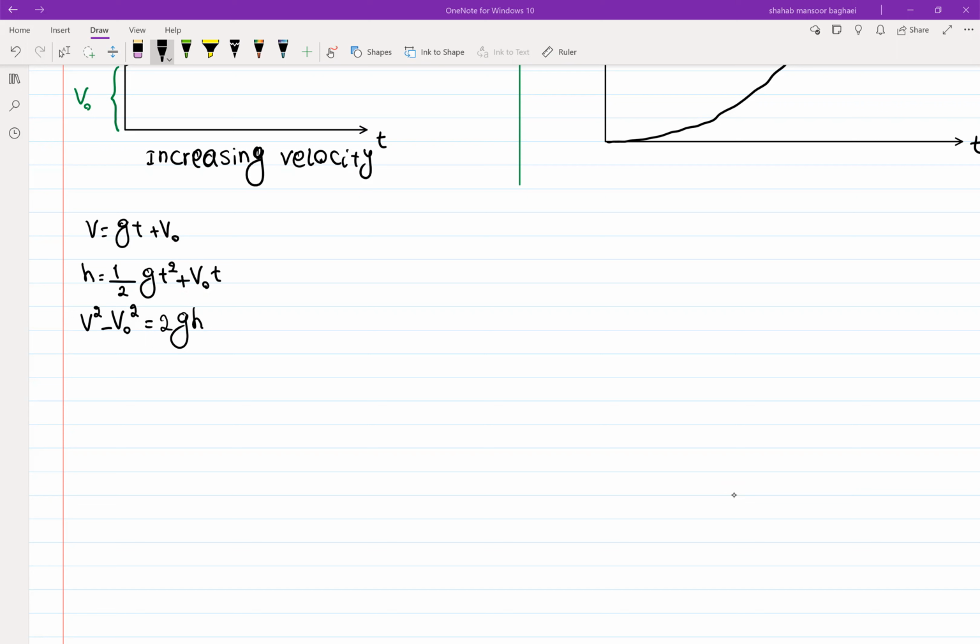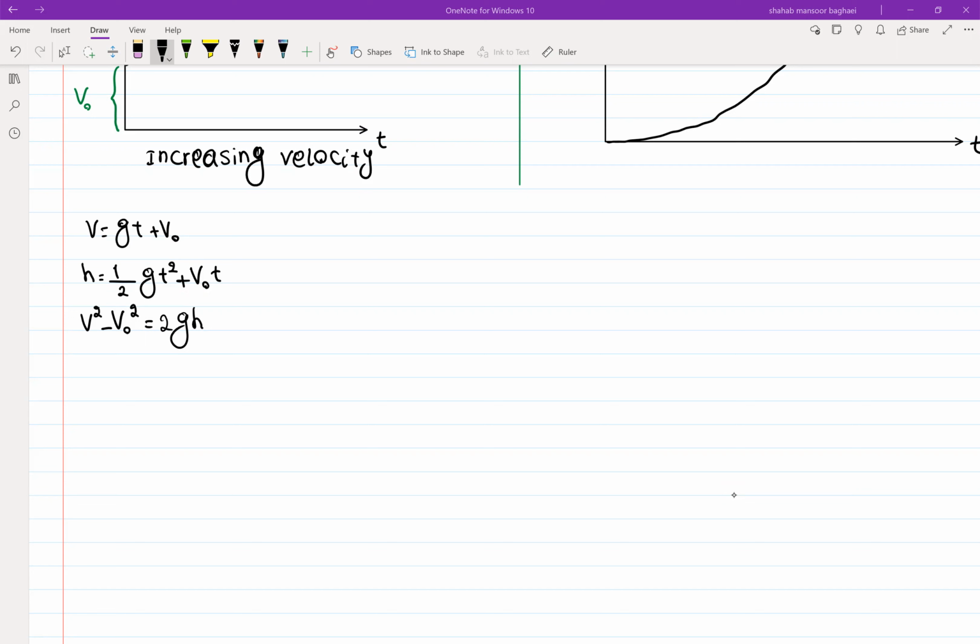Therefore, if you have air resistance, these equations are not valid. Sometimes it happens for a falling object if it has very high velocity. For that case, these equations are not valid for very high velocity.